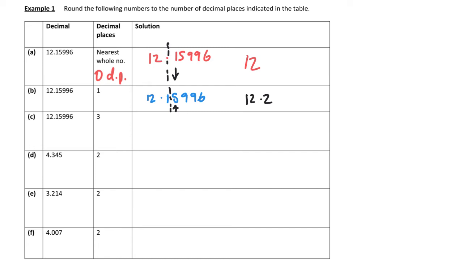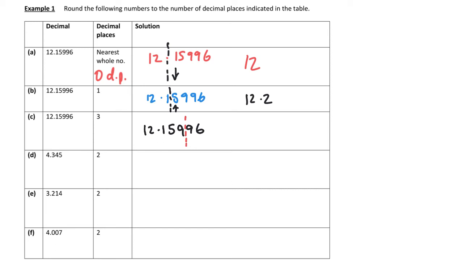Third one is 12.15996 again. Only this time we're doing it to 3 decimal places. So we're going to put our dashed line after the 3rd decimal place, which is the 9. The first 9 is the changer. The second 9 is the decider.